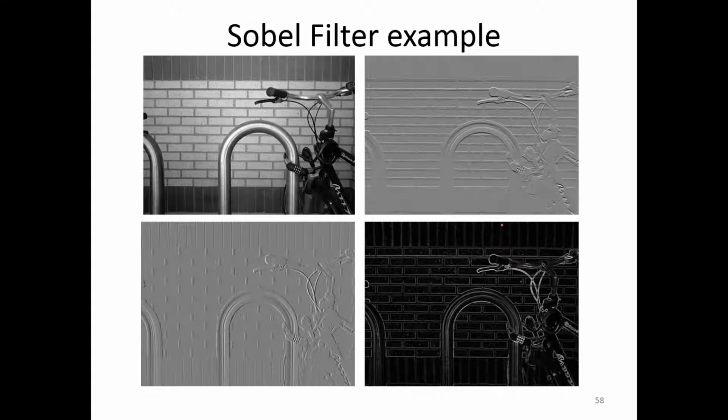Here is an example doing a reasonably good job for this image: the vertical component, the horizontal component, and then combined together to show the edge strength.